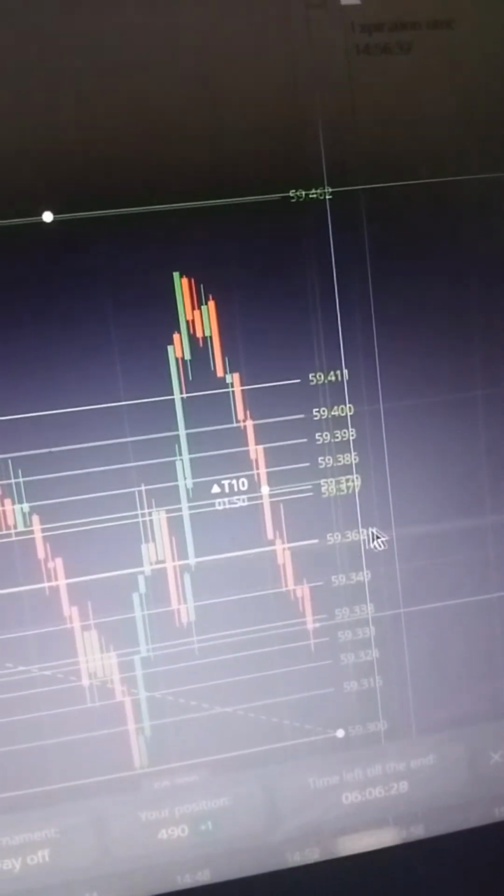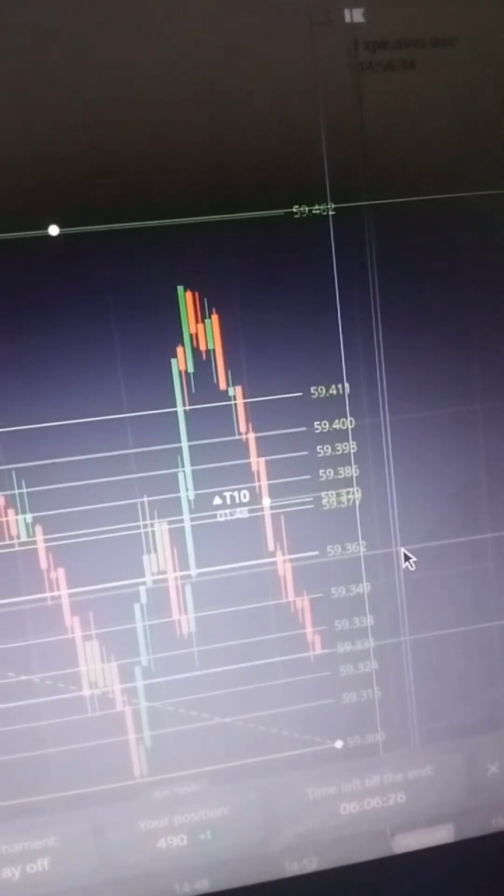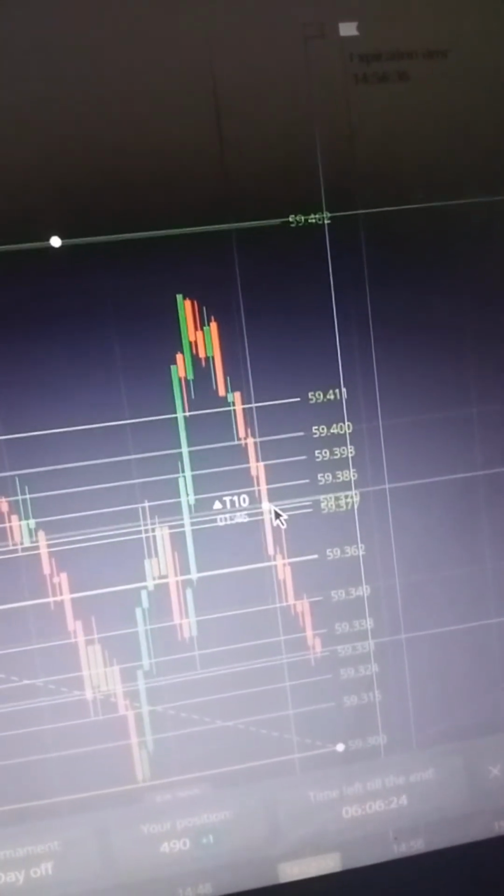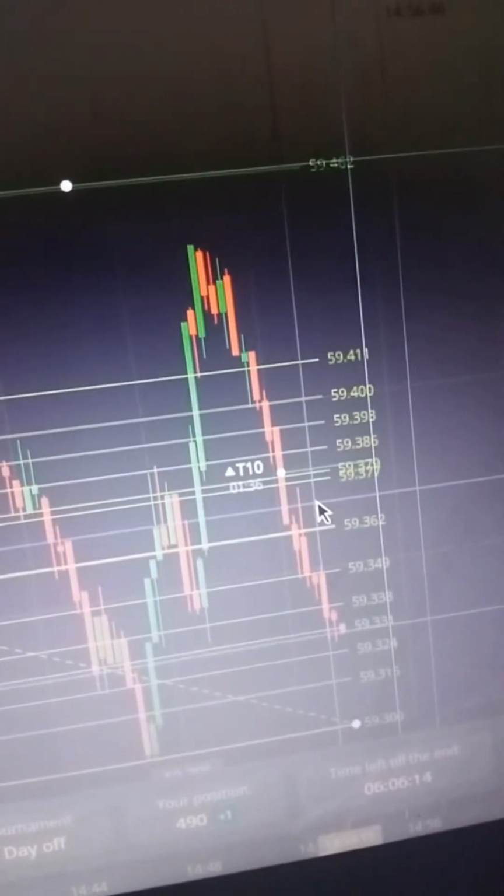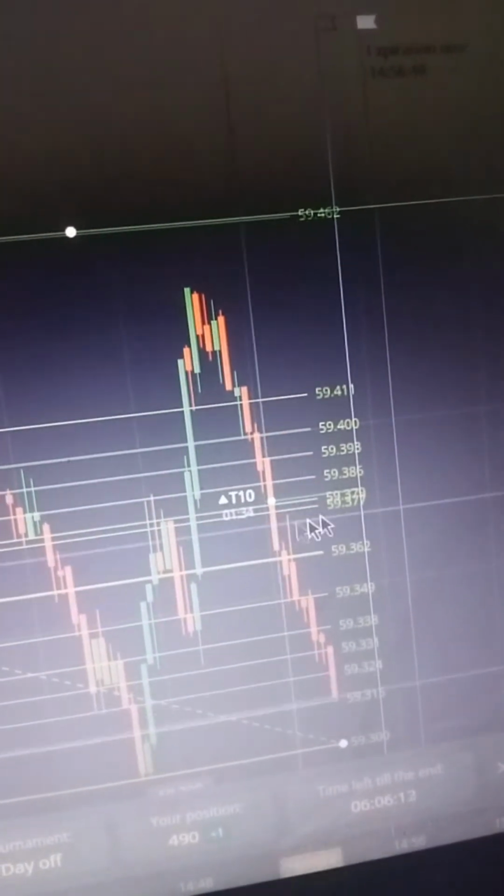After seeing a change of character, I would be interested in buying. As you can see here, we have a swing high. If we push to the upside, I'll be looking at this swing high as a determinant for a change of character to unfold. Okay.